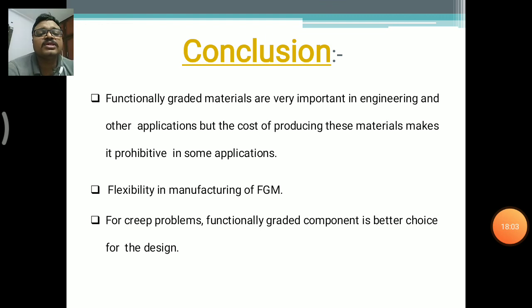And last one is that for creep problems, functionally graded components are a better choice for the designs. For creep and fatigue problems, that is breakage or some other disastrous failure in the materials, functionally graded components are a better choice for the design compared to composite materials and alloys.